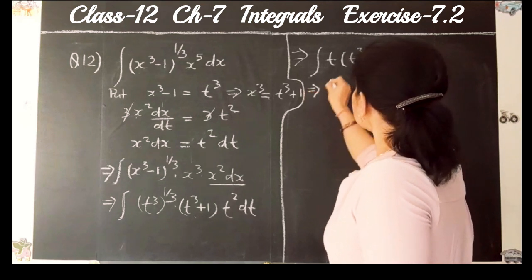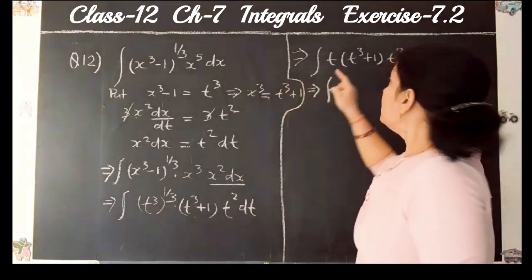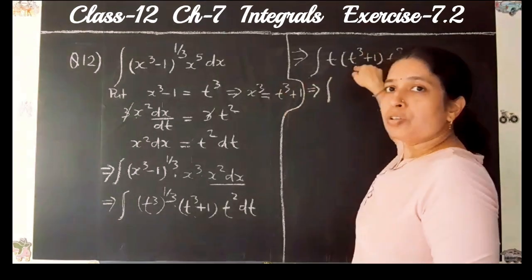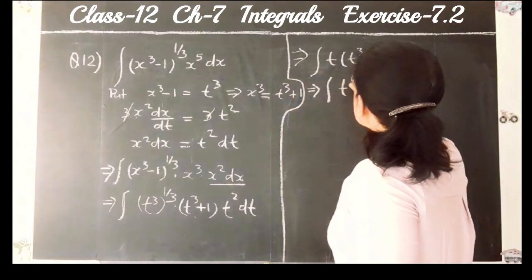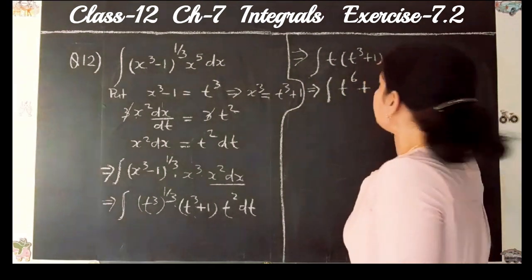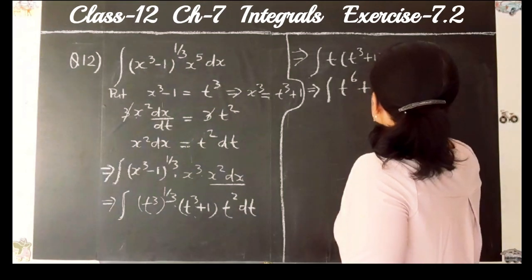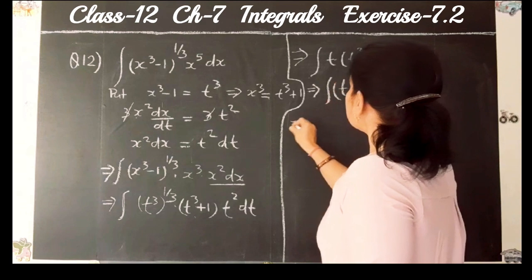So it will be integral t square into t will be t cube. t cube is multiplied into t cube, so it will be t to the power 6 plus t cube into 1 will be t cube dt.